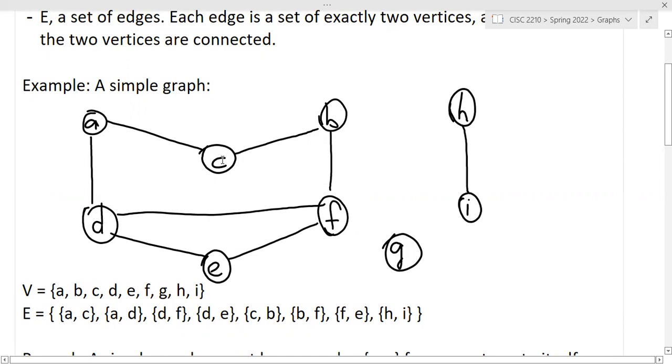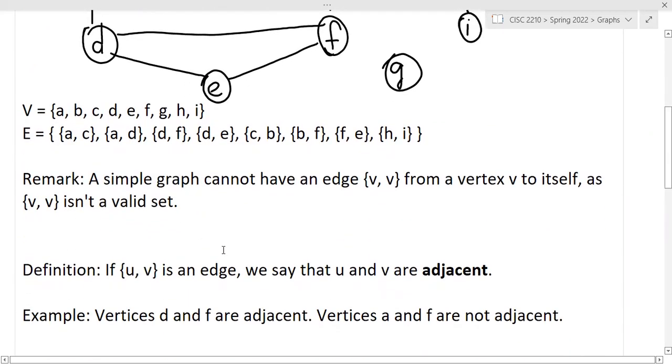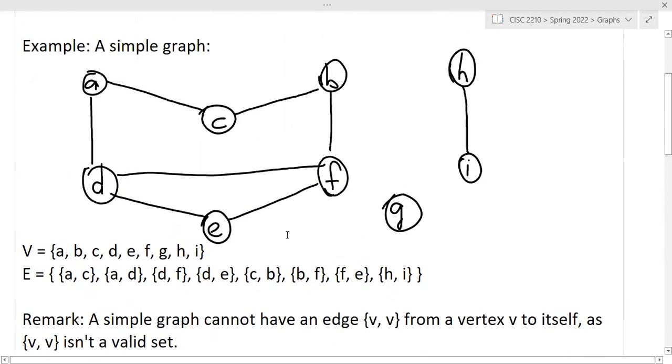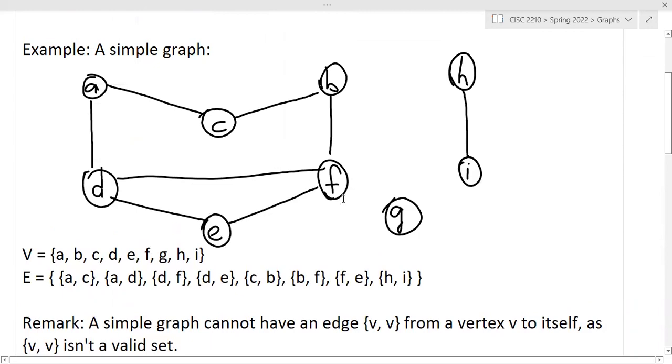D and C are not adjacent, because there is no edge connecting D and C, even though there is a path between D and C, but that's not enough. For adjacent, we need them to actually be connected with a single edge. Or A and F are also not adjacent.